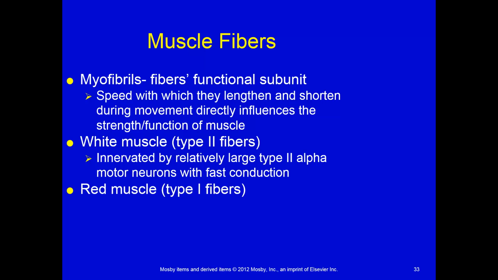So when I'm talking about type 2 fibers that have very fast conduction to that muscle fiber, what kind of muscle activity do you think would be an example of a type 2 muscle contraction? What do you think? Reflexes, your fast twitch kind of movements. A really good example is your eye blink. If something's coming at your eye or someone's taking a swing at you, automatically, your eye blinks, right?